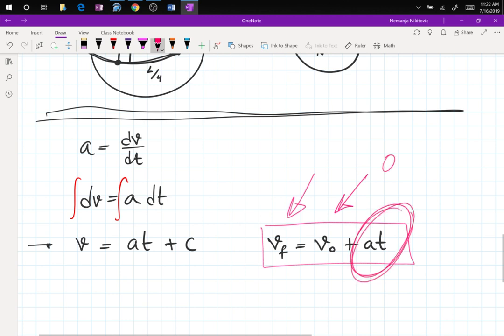So you have to accelerate through time. You have to keep your gas pedal pressed until the velocity changes from 0 to 30, and then you will release it and keep it at 30 as you drive. Let's say that's the speed limit.